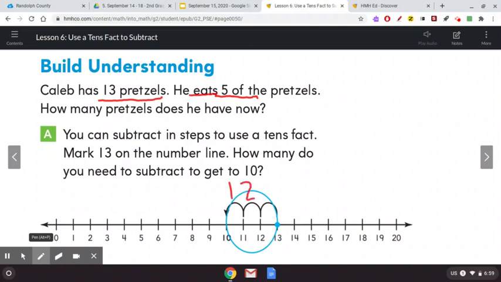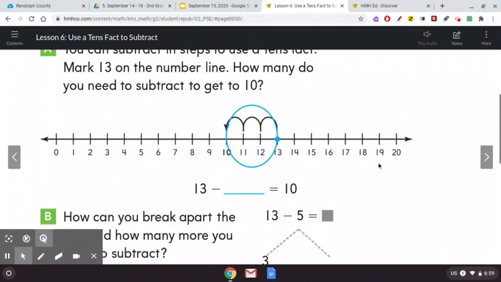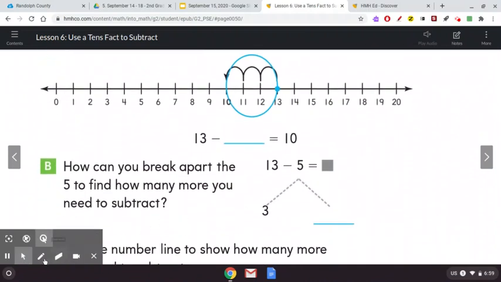1, 2, 3. Okay, so go ahead and write that down. All right, so 13 minus something is 10. 3, according to our chart.